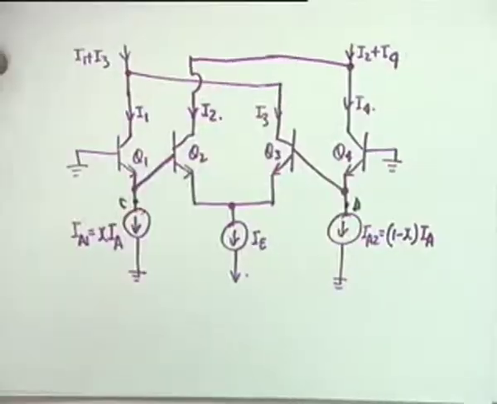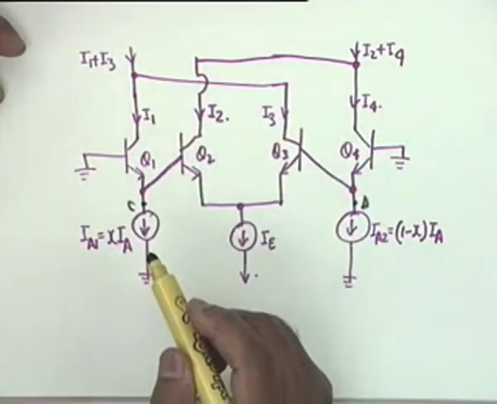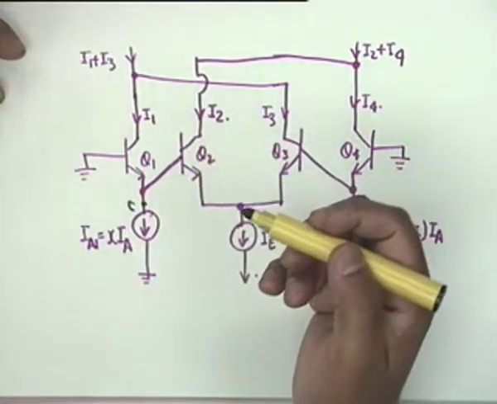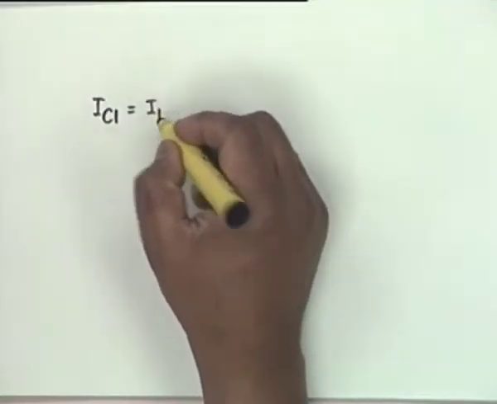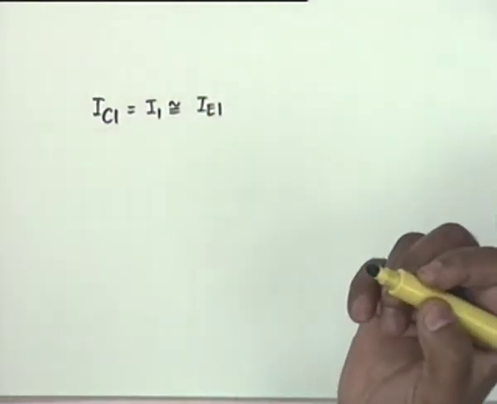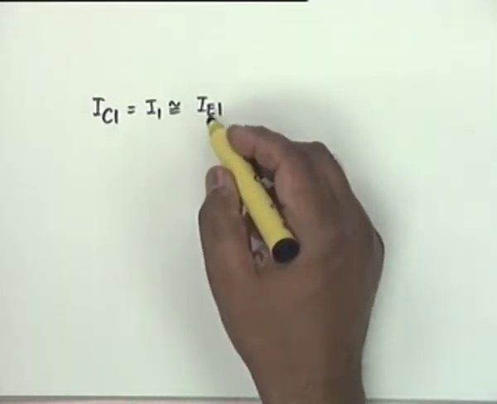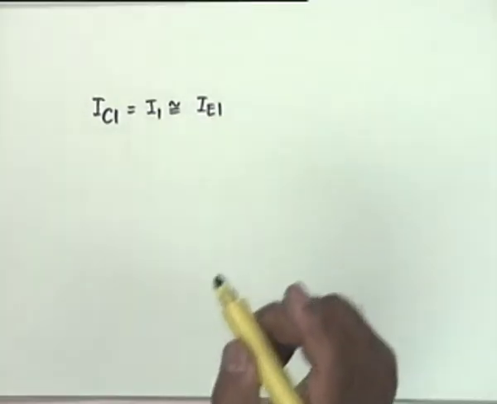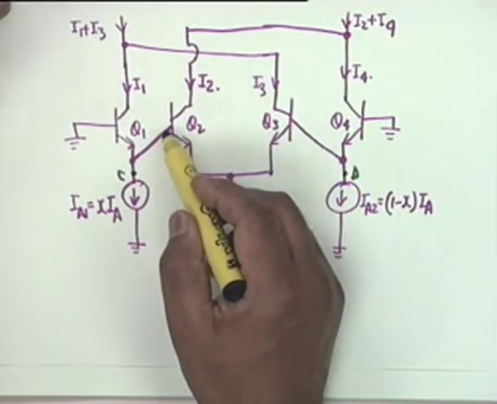All right. Now, let's go back to this circuit. You see, the collector current of Q1, IC1, is equal to I1, which is approximately equal to IE1. If beta is large, this is true, and the base current to Q2, which this current supplies, will be negligible.